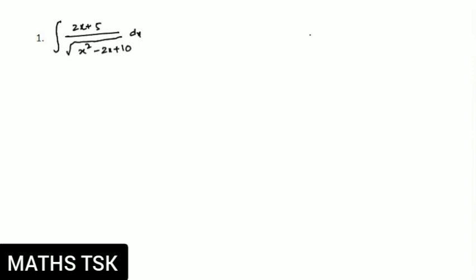Look here, I took two different works here. What is the derivative of x² - 2x + 10? I calculate this first of all. The derivative of x² is 2x, of -2x is -2, of 10 is 0, into dx. Okay, this is the first work.